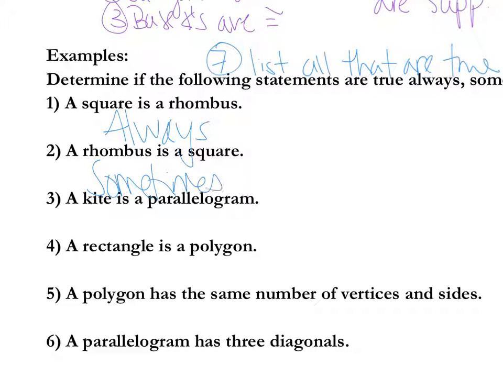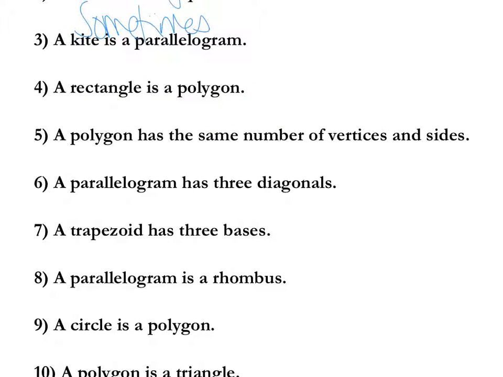It is possible to be a rhombus, so all sides congruent, diagonals are perpendicular, but not have all angles be right angles. So a rhombus is only sometimes a square. We will have a nice little visual diagram we're going to fill in on Monday that'll help you with that statement as well. So a kite is a parallelogram. Hopefully you all know that this answer is never.